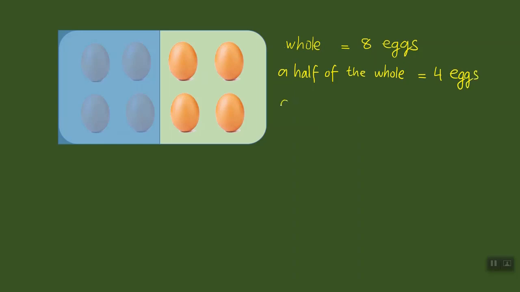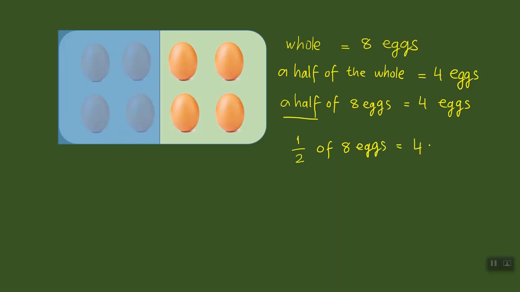Or we can say a half of the whole is 8x. So a half of 8x is 4x. You also can change a half into number symbol. So you can write a half of 8x is 4x.